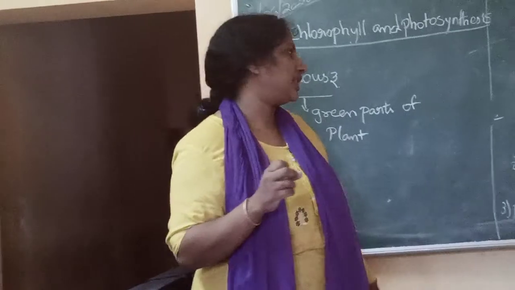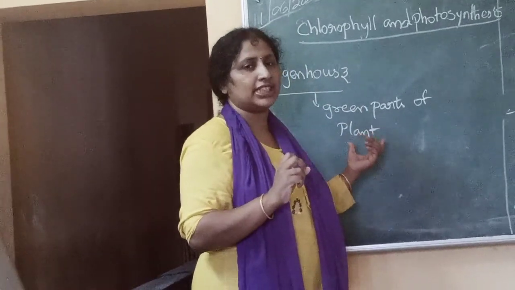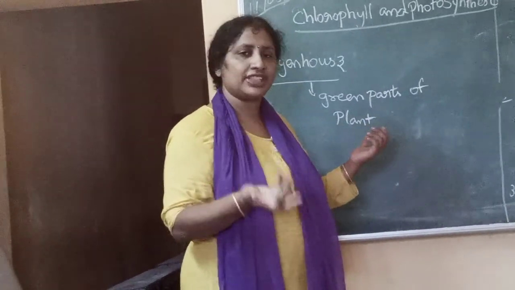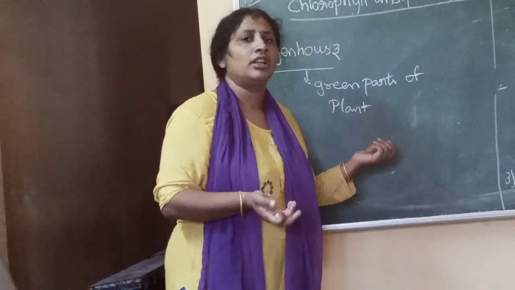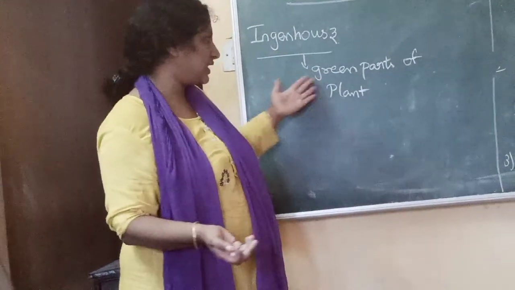So this statement that green parts of the plant are responsible for photosynthesis raised doubts. If the leaves are red in color, are they not able to perform photosynthesis? No, that was wrong. So the scientists started working on this question.